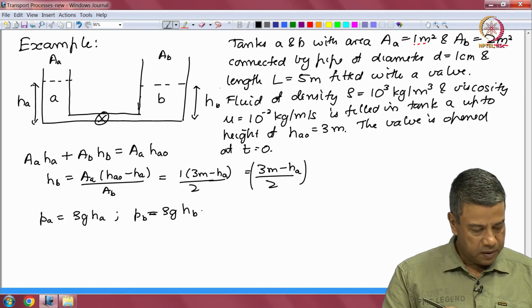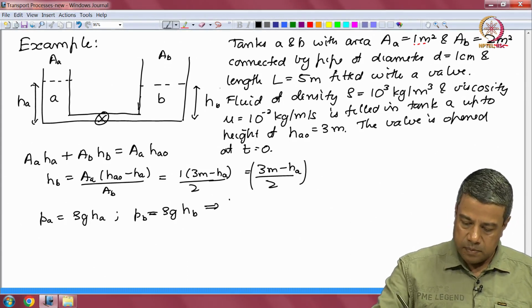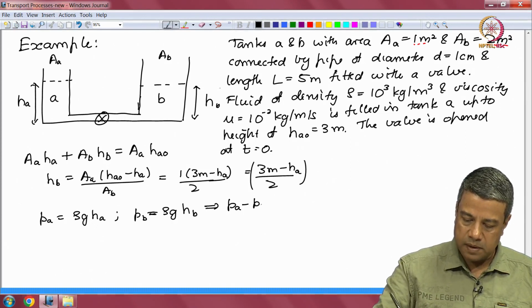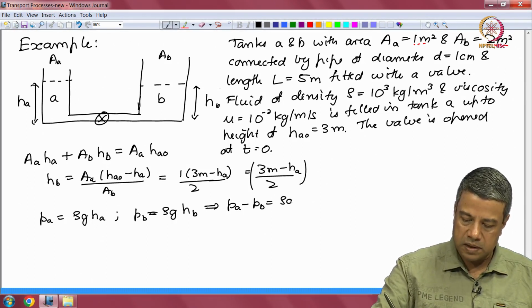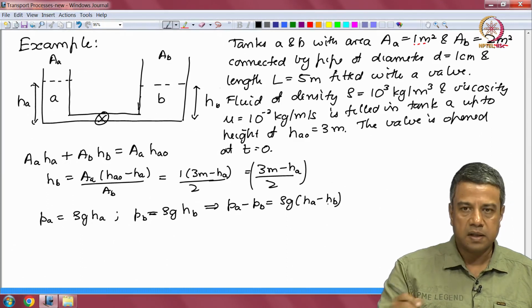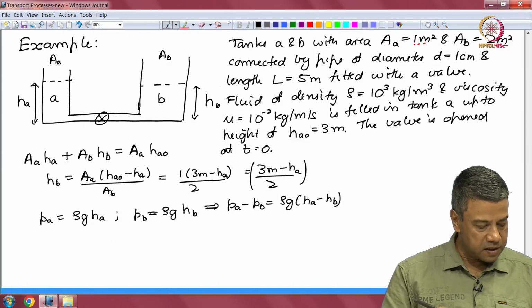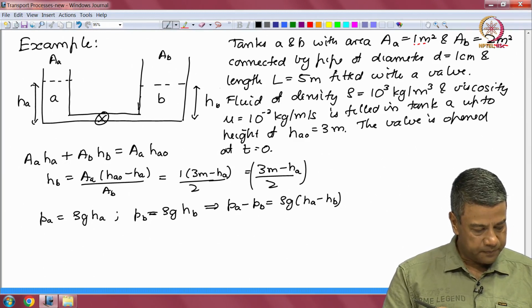Which implies that PA minus PB is equal to rho g into (HA minus HB). So, that is the difference in pressure that is driving the flow.